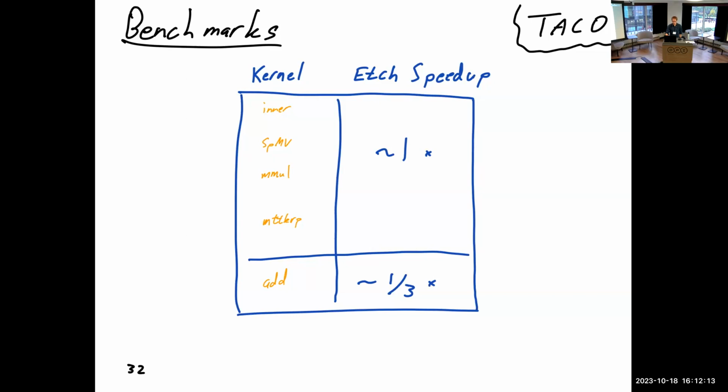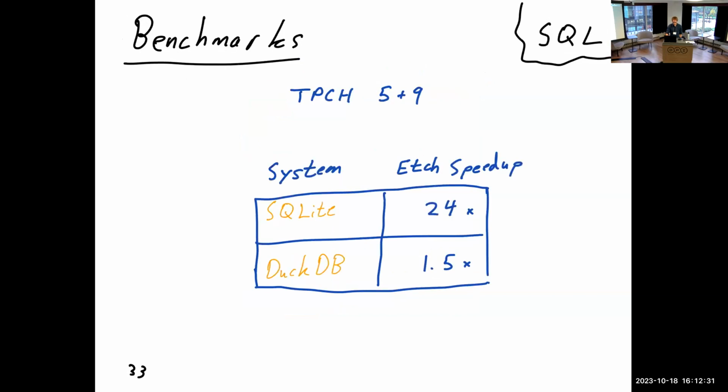So on some standard tensor benchmarks, we get a 1x speedup. And on some other benchmarks, we are a bit slower, but there's no conceptual obstacle to implementing Taco's optimization for tensor addition as a stream.